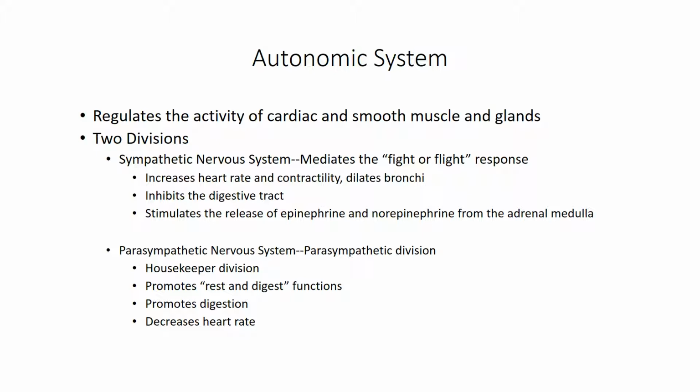If that happens, hopefully it won't, then your heart rate will increase, your bronchi will dilate, your pupils get bigger, okay, your digestive tract will inhibit, you're not going to feel hungry, and you'll actually have an extra burst of energy, and that's from epinephrine and norepinephrine. And then your parasympathetic nervous system just helps calm you back down, and that promotes a lot of rest and digest. You will feel hungry again, your heart rate will calm back down, your blood pressure will go back down, things like that.